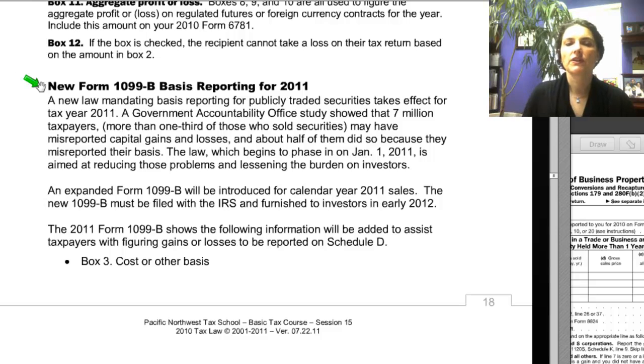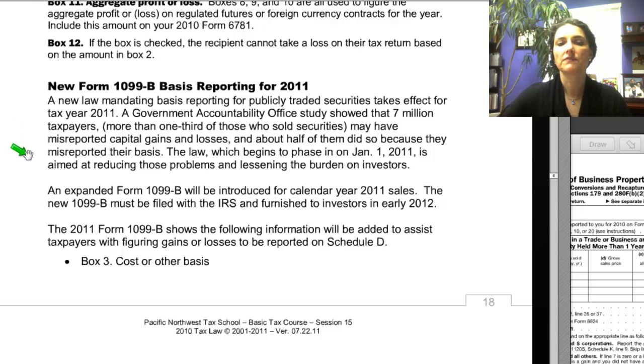Now, I've just finished showing you the layout of Form 1099-B, which has been around for a number of years, but beginning in tax year 2011, the IRS has a new 1099-B because there is a new law mandating basis reporting for publicly traded securities that takes effect in 2011. A Government Accountability Office study showed that 7 million taxpayers, more than one-third of those who sold securities, may have misreported gains and losses, and about half of them did so because they misreported their basis.